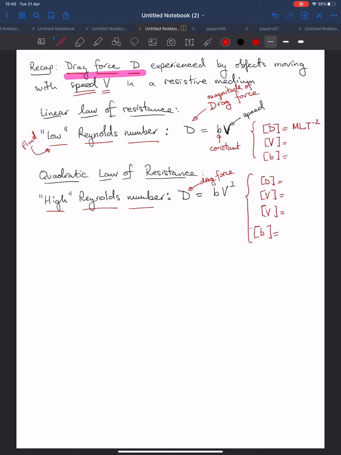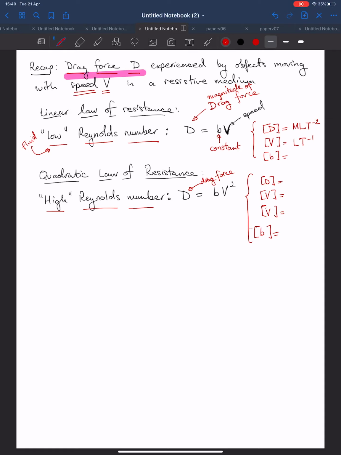In SI units, this means we have kilograms meters per second squared. Now, we know that speed is the magnitude of velocity, but in any case, it has the units L times T to the power of minus 1.